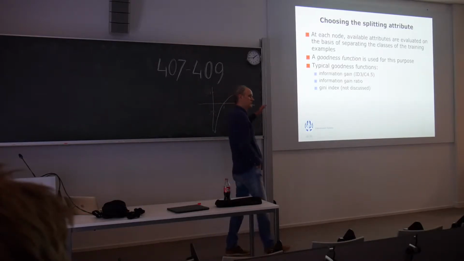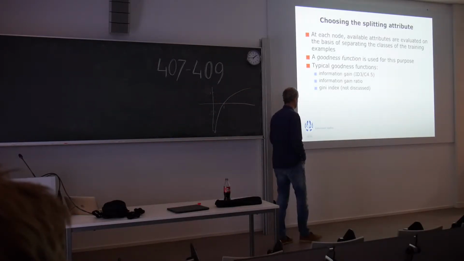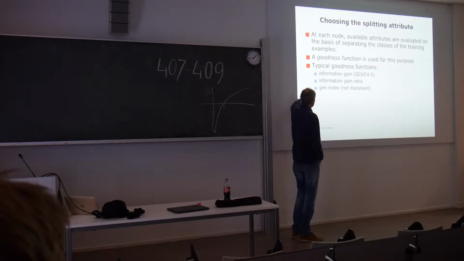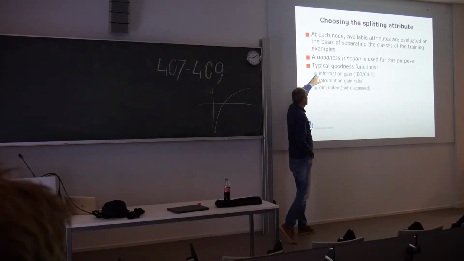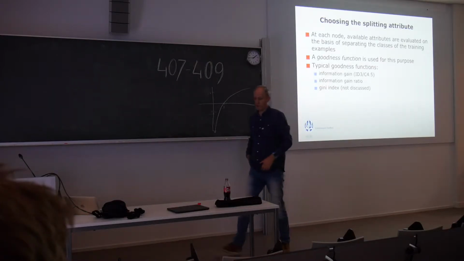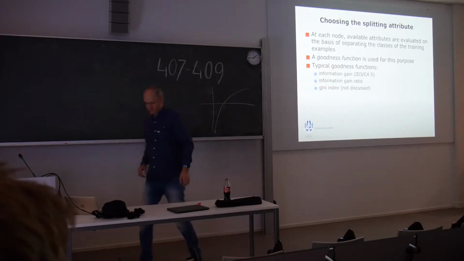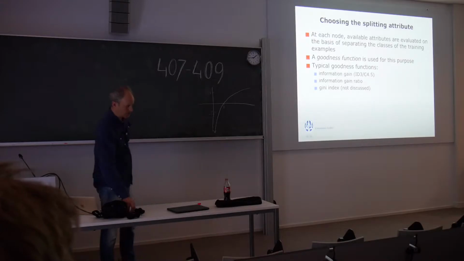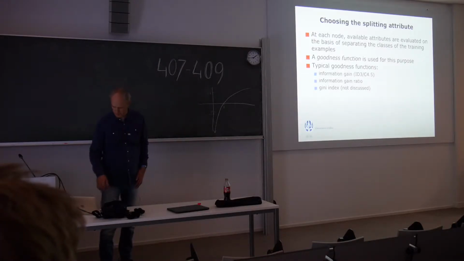It's not clear which one of these functions should be preferred. These are some common names. I will discuss this one, and we'll start off with this one. It's called information gain. That's the actual name of it, and it kind of corresponds to the intuition that I gave you before.